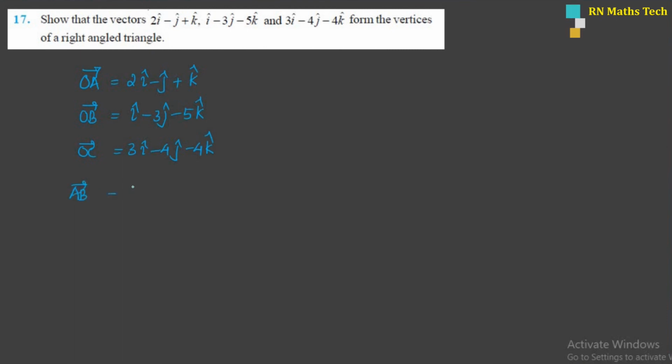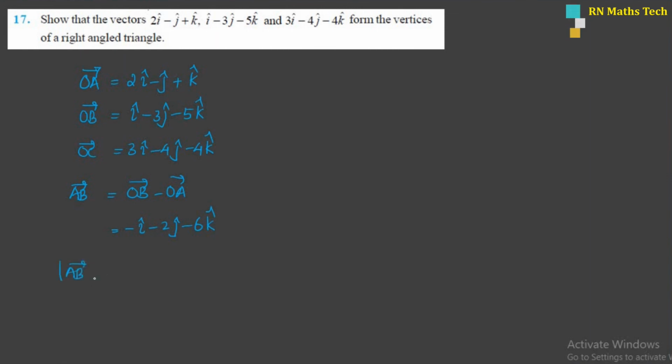Now vector AB equal to OB minus OA, that's equal to minus i minus 2j minus 6k.